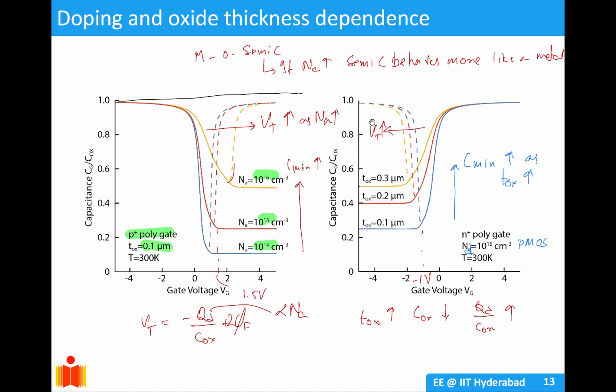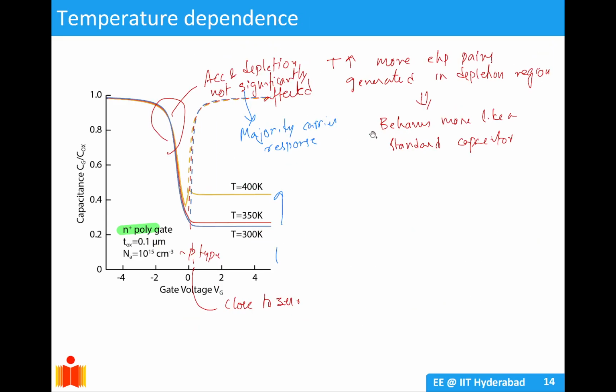Basically, your VT value is increasing because as TOX increases, your COX will reduce. So your QD by COX will increase. Hence your VT value will increase here. And so for NA also your VT value will increase. For TOX also your VT value will increase.